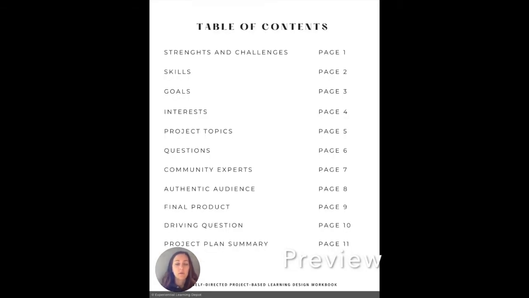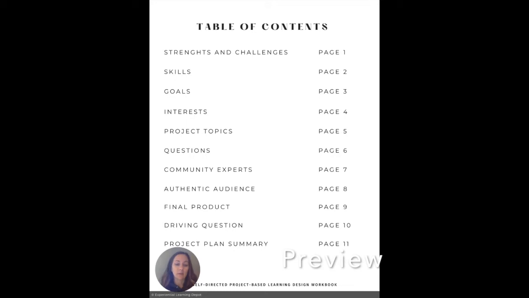So this workbook includes students brainstorming their strengths and challenges, skills, goals, and interests, and using those things to create a project around a project topic of interest. Then they create a driving question based around questions that they have about the topic, community experts that they want to work with, and an authentic audience to share the information that they've gathered and their final product with.